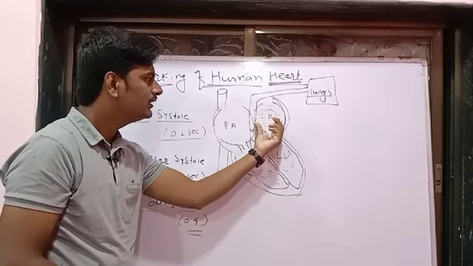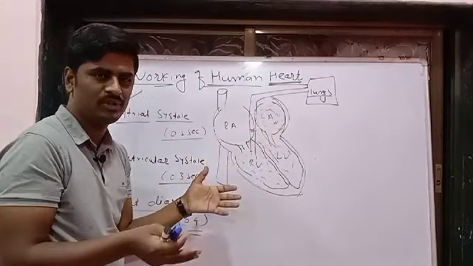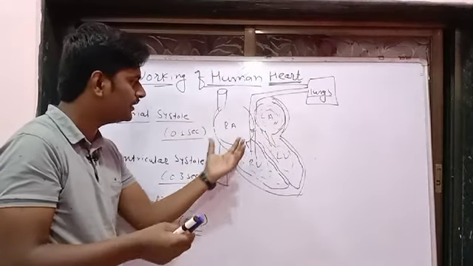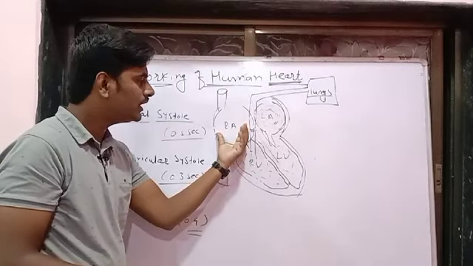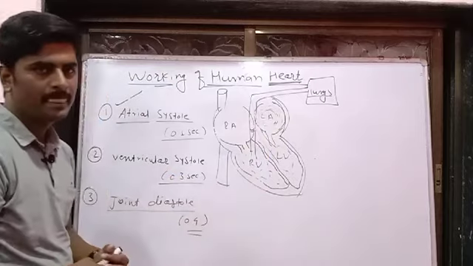On the other side, the blood comes from the lungs only, so it does not have that much pressure compared to the right auricle. Therefore the bicuspid valve is present there.